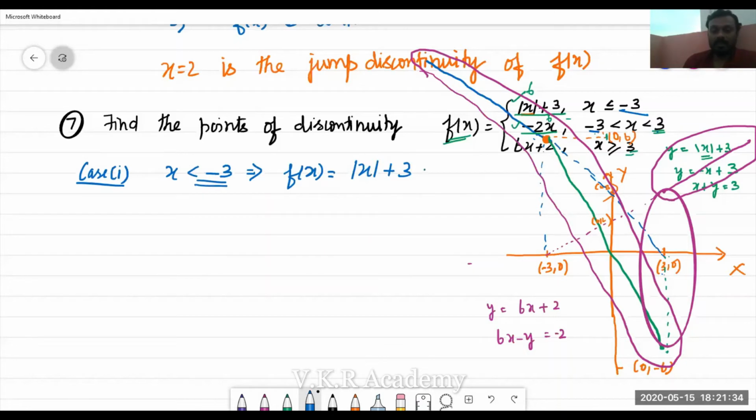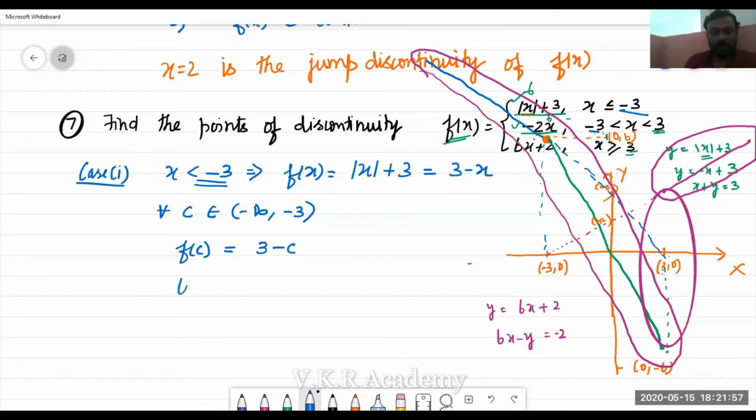So it is going to be 3 minus x. So for all c in the interval minus infinity to minus 3, f of c is equal to 3 minus c.